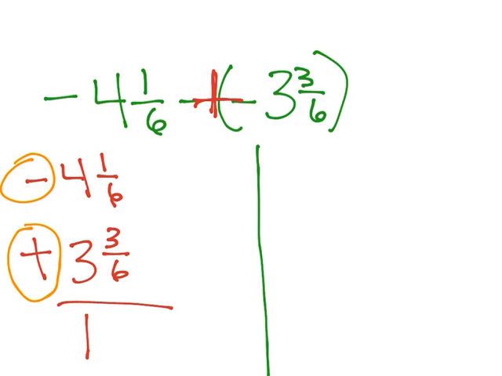So I'm going to borrow 1 from this 4 to make it 3, and I'm going to add 6 plus 1, so it's 7 over 6. I'm just going to bring down this 3 over 6. Now I'm going to go back and erase because things have changed. I have 3 minus 3, which is 0.